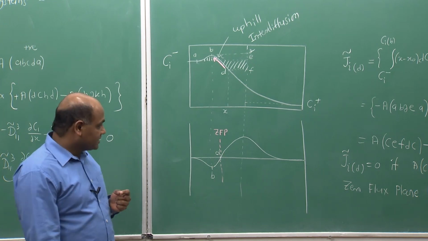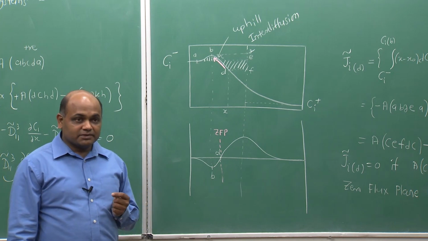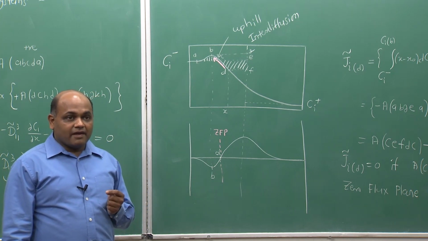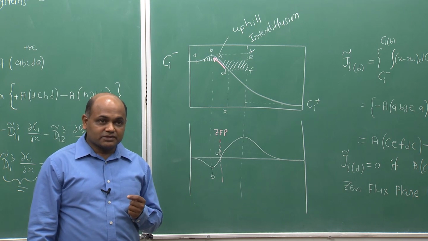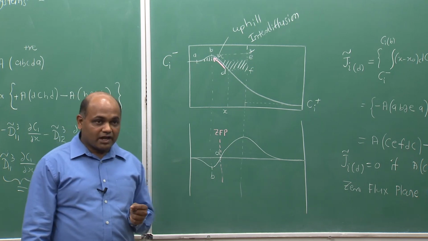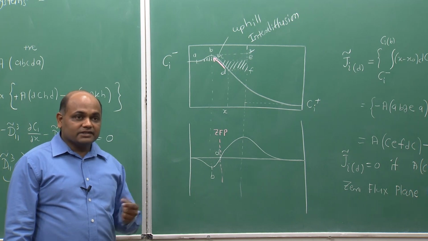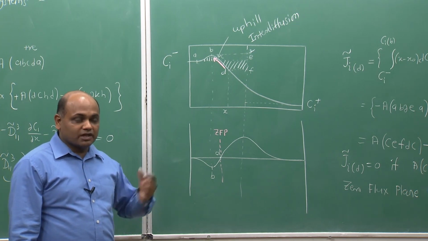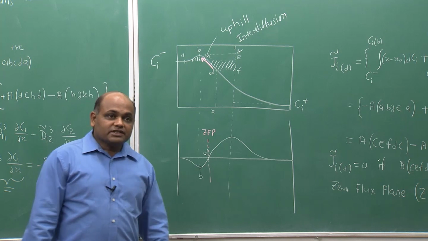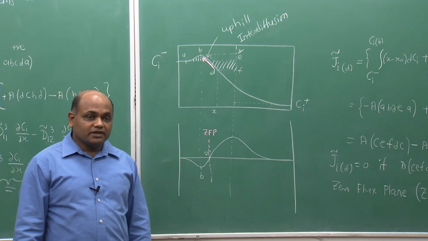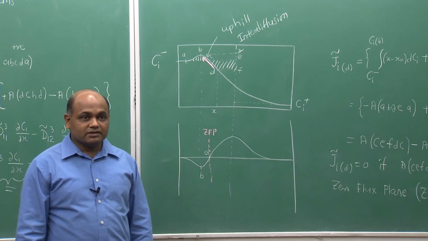In such couples, the zero flux planes are developed at a composition where the thermodynamic activity of that component is same as that in the two terminal alloys. So, this is how the nature of interdiffusion flux profiles look like.